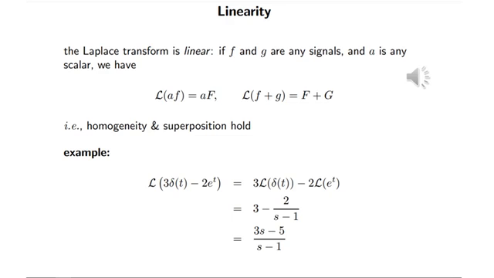So if we take the LCM of 3 minus 2 divided by s minus 1, we'll have s minus 1 at the denominator and 3s minus 5 at the numerator. We can prove it by taking the LCM. So the cumulative transfer function of 3δ(t) minus 2e^t is (3s minus 5) divided by (s minus 1).